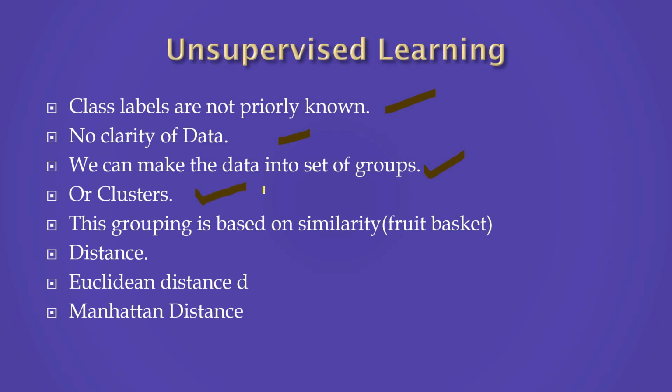Okay, so how can you group these data items? What is the criteria that you follow to group these data items? This is based on two different criteria. One is similarity, another one is distance. Similarity means, for example, you are grouping all the apples in a fruit basket, all the apples at once, all the bananas at once, all the grapes at once. How can you group them? Based on similarity.